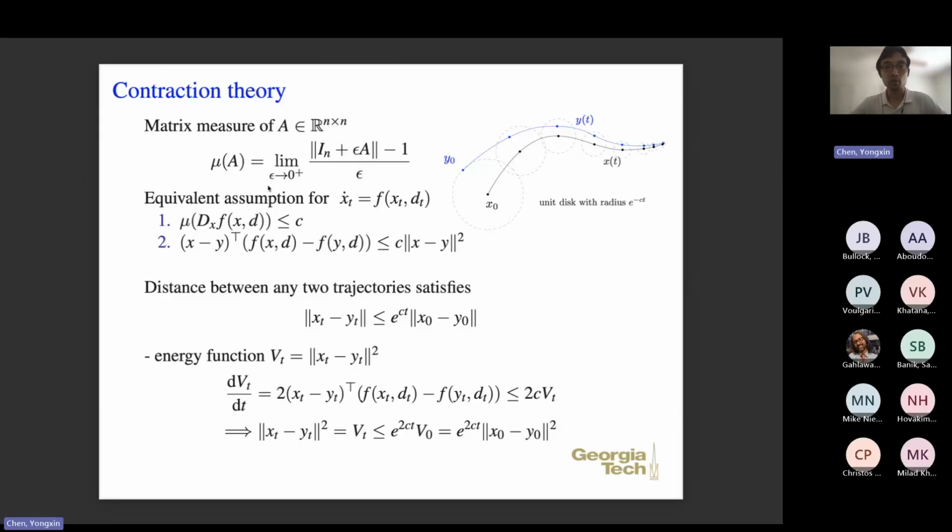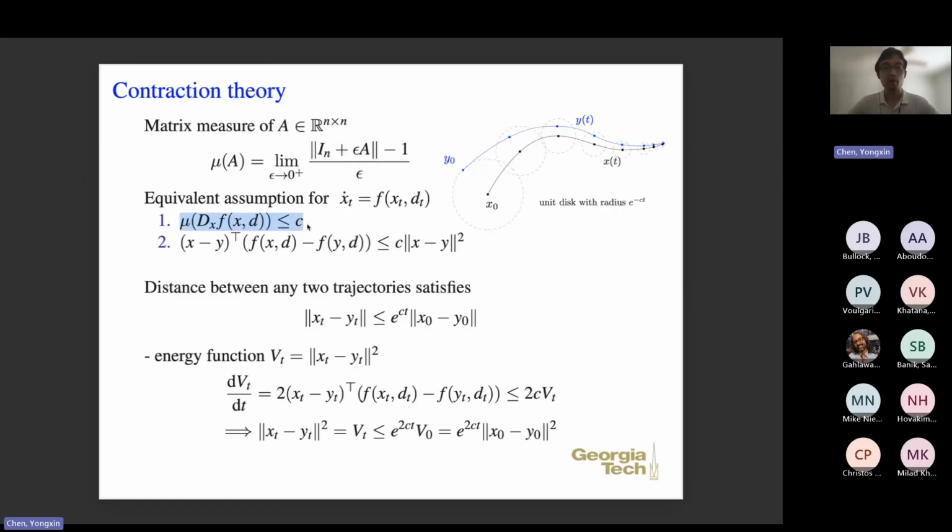What is contraction theory? It is based on something called a matrix measure, but let's not worry about this. You can think of this as one type of property of your system. Let's say you have a deterministic system. If you know the system is contractive, it's just a notion, a certain property, and C is the contraction rate.